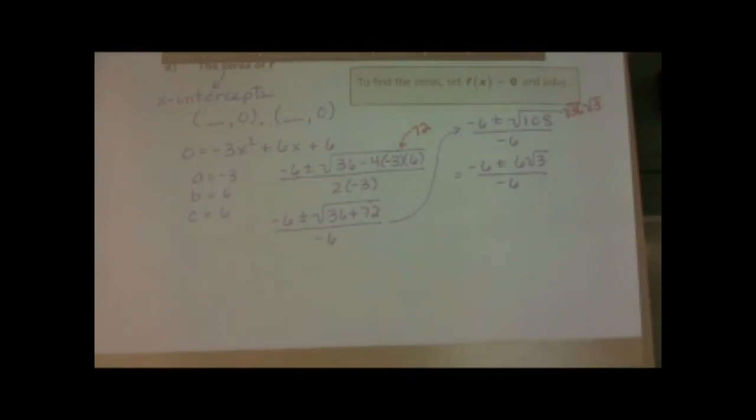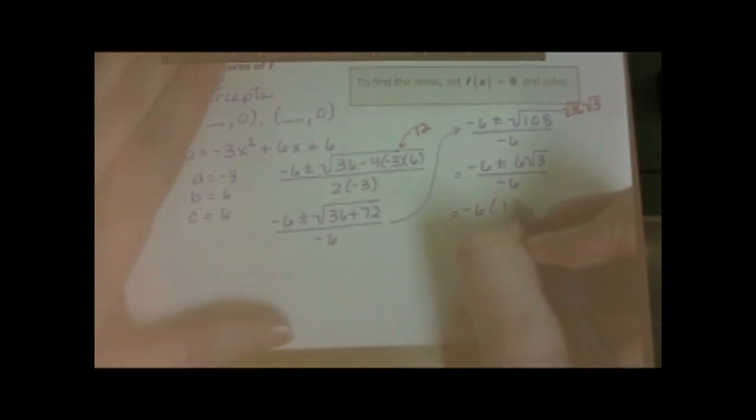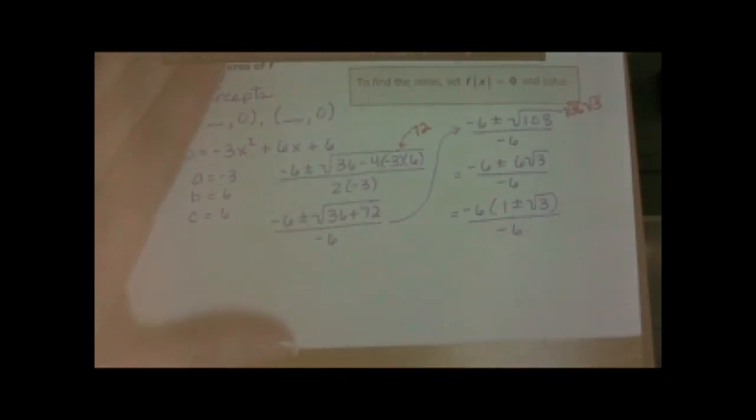Now, this is wonderful. Everything divides by 6. So I'm going to factor out not just a 6, but since I want to get rid of this negative down here, factor out a negative 6. So I'm going to factor out negative 6, which is going to leave me 1 plus or minus the square root of 3 all over negative 6.